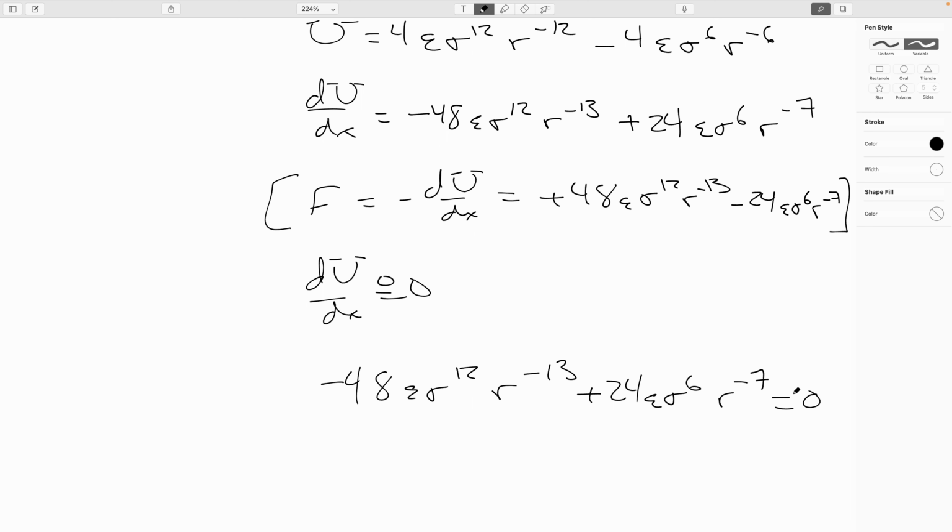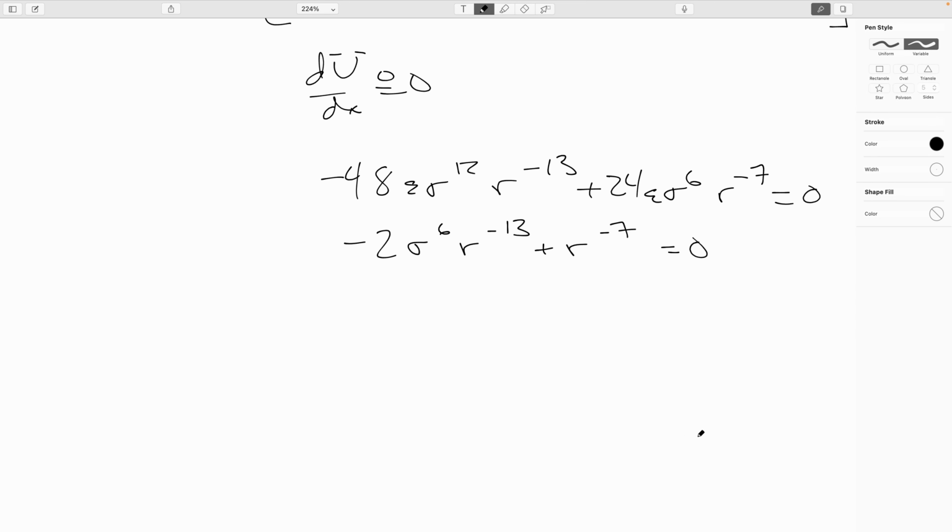I can divide both sides through by epsilon; 0 divided by epsilon is just 0. I can divide both sides through by 24, which gives me negative 2. Now I can divide both sides through by sigma to the 6th. So this gives me negative 2 sigma to the 6 r to the negative 13 plus r to the negative 7 equals 0.